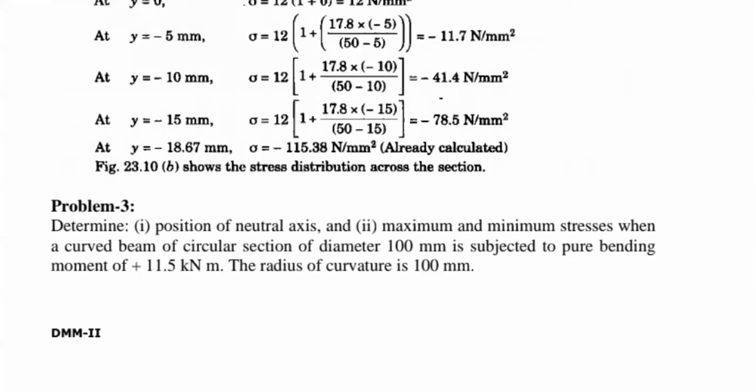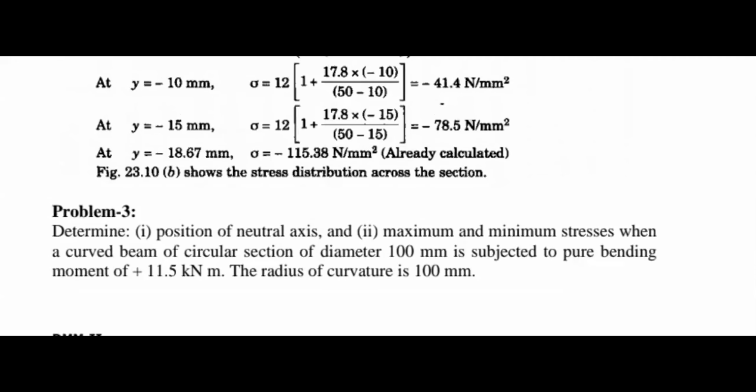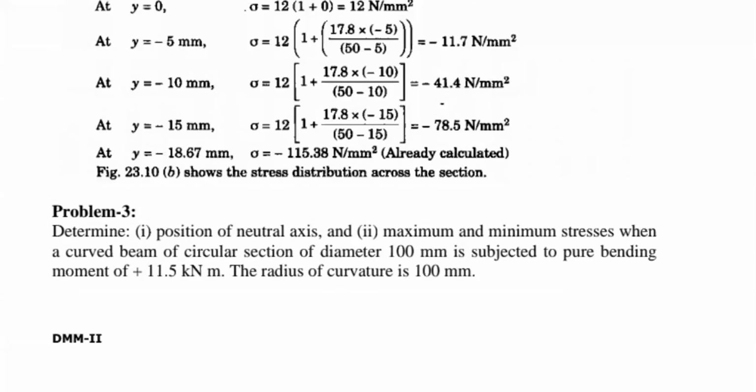Again, I am repeating that for solving a standard cross section or a crane hook problem, whatever it may be, the formulas vary but the approach is similar. The first step is to find the position of neutral axis, and the second is to find the maximum stress and minimum stress values based on your bending moment value.